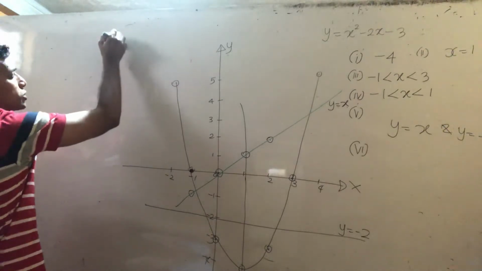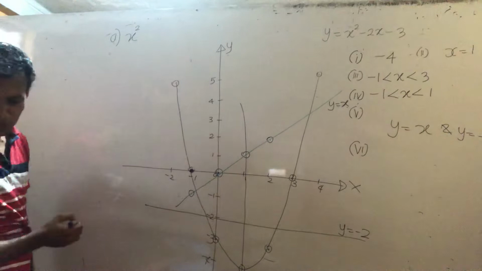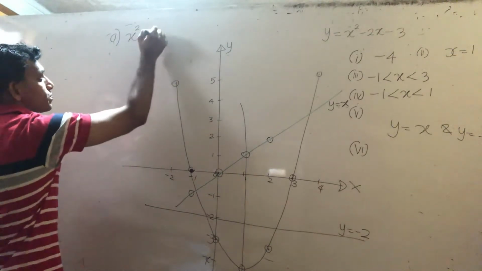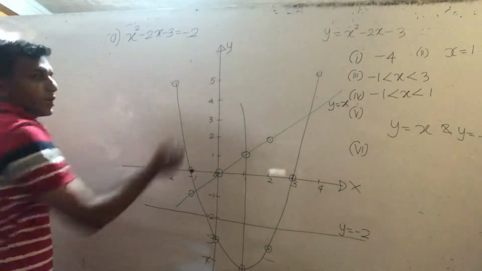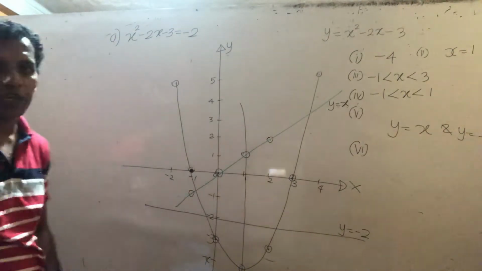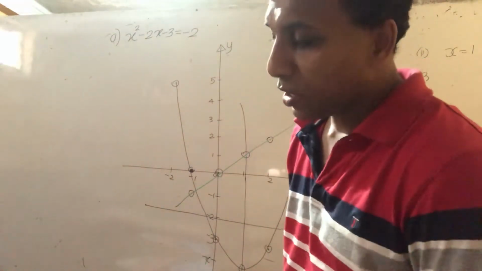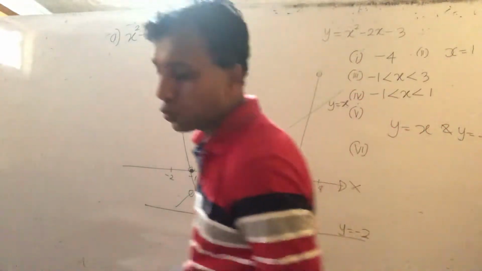A part: x square minus 2x minus 3 equal minus 2.